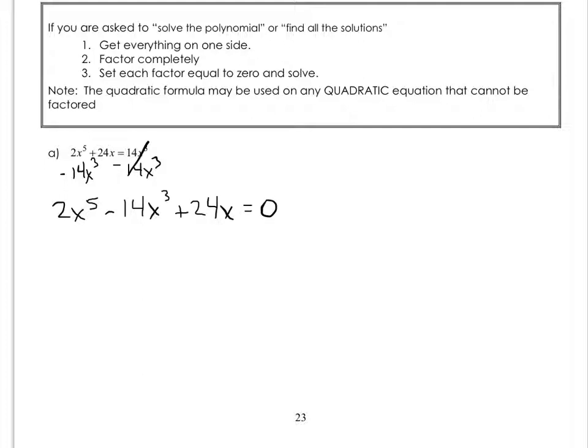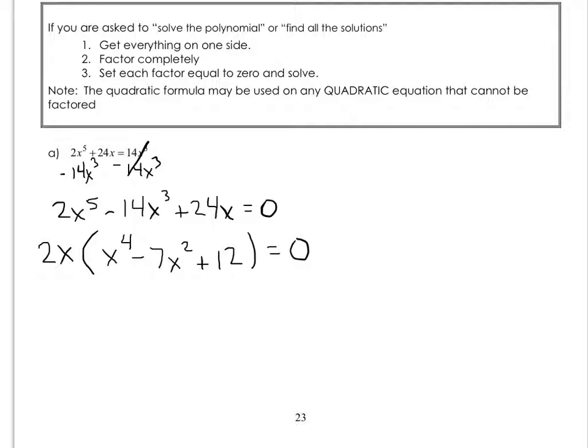Now, looking at that, I think there's definitely some GCFs we can take out. So it looks like I can pull out a 2 out of everyone. I can also probably pull an x out of everyone. Okay, if I do that, that leaves me with x to the fourth minus 7x squared plus 12.